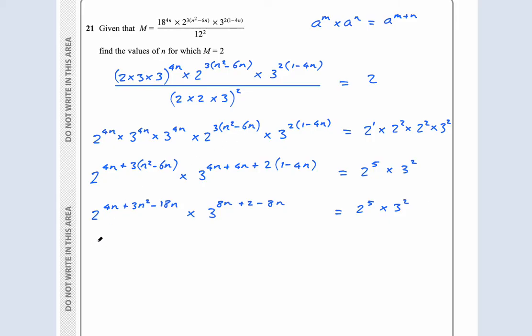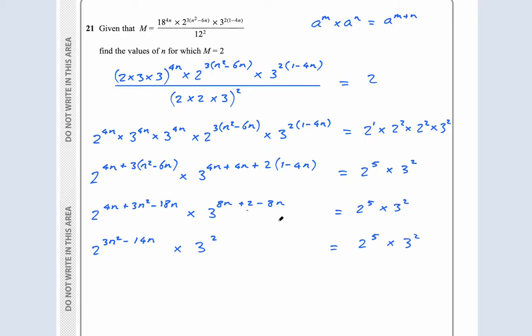Now, nearly there, kind of. This is 2 to the power of 3n squared minus 14n, because 4n minus 18n is minus 14n, times, this is the first time I see some light, this 8n minus 8n is 0. So this is actually just 3 squared, which is nice, because this is 3 squared. So this times this equals 2 to the 5 times 3 squared.